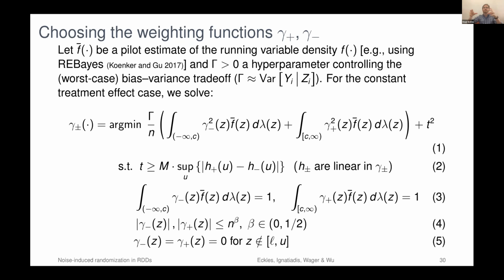And so the weights can't be growing too fast with n. And then, as is common in work on kernel regression, we want to have these kernels have compact support. And so outside of some range around the cutoff, these weights are going to go to 0. So we're going to directly solve this kind of optimization problem in order to select these weights.